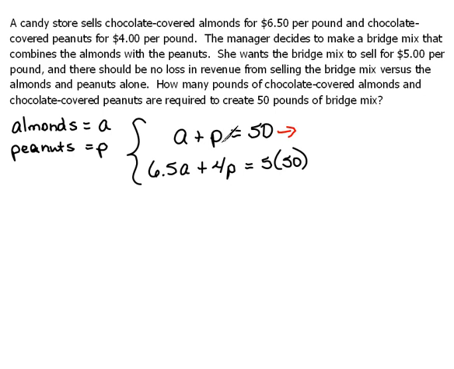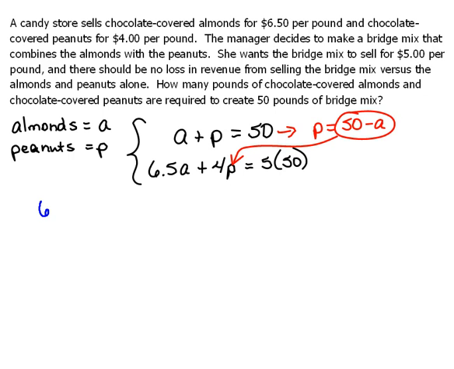In fact, in this first equation, let's just solve for P. So if I were to do that, I would have to subtract A from both sides to get P equals 50 minus A. Well, now that we know P is 50 minus A, we could replace P in the next equation with 50 minus A, and we could solve.